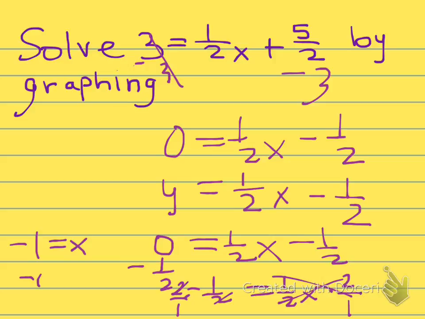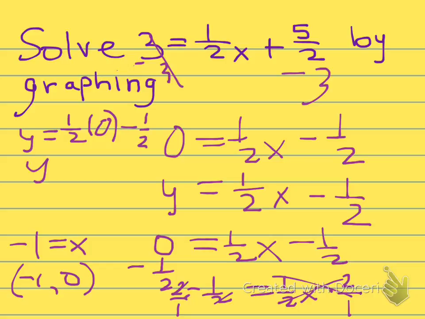So our ordered pair is (-1, 0). And then we're going to solve for our y-intercept. And that's -1/2. So that point will be (0, -1/2).